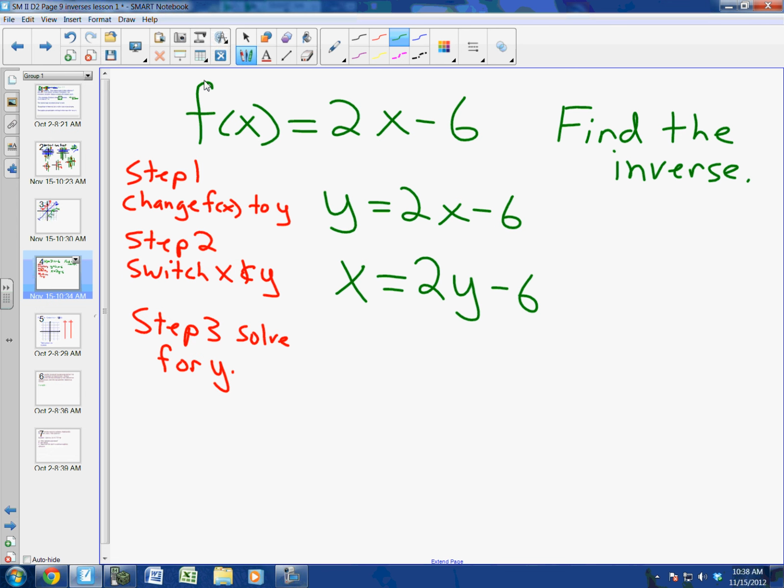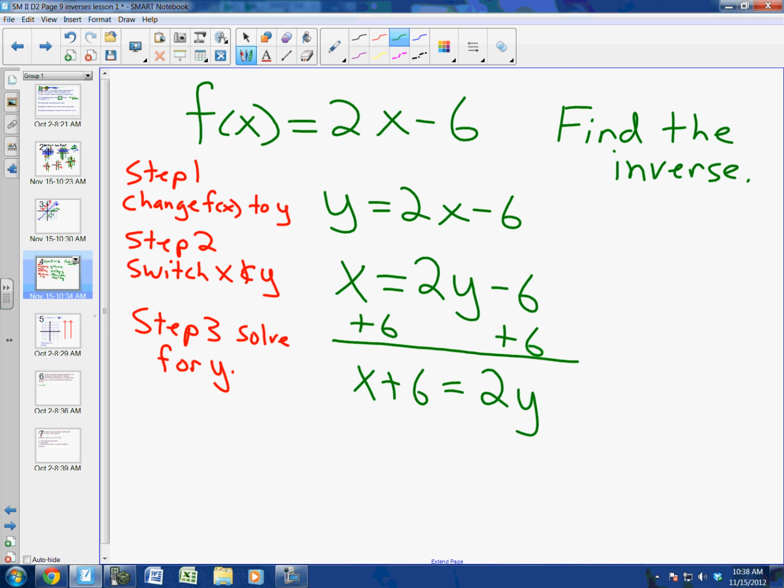Before we divide by 2, we have to do something else. We've got to add 6. We got to do the addition and subtraction part first. We got to do the opposite order of operations. So x plus 6 equals 2y.